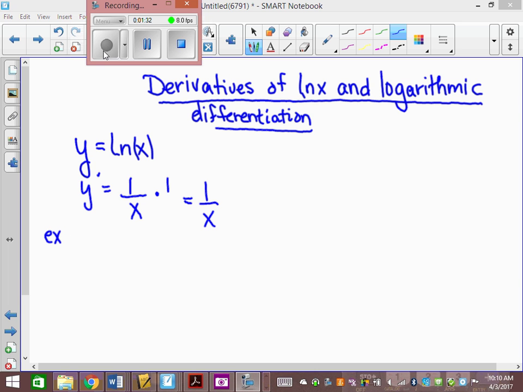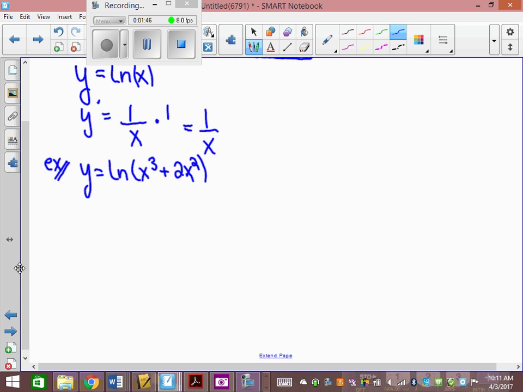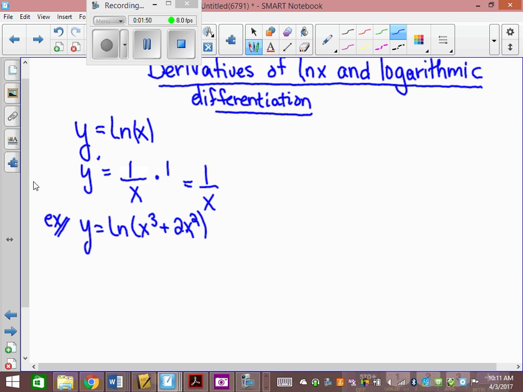So example, what happens if it's not x? What happens if it's y equals ln of x cubed plus 2x squared? Well, you write it as 1 over what's beside the ln.